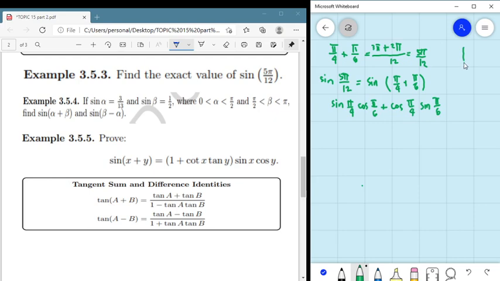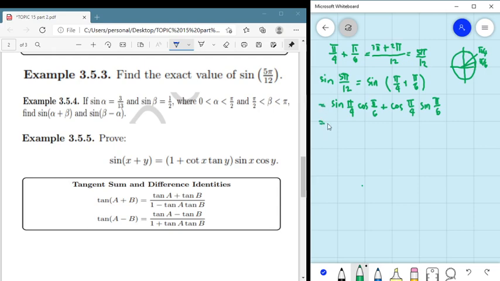Let us draw the circle again. Pi over 4 has coordinates square root of 2 over 2, square root of 2 over 2, and pi over 6 has x equal to square root of 3 over 2 and y, or sine, equal to 1/2.